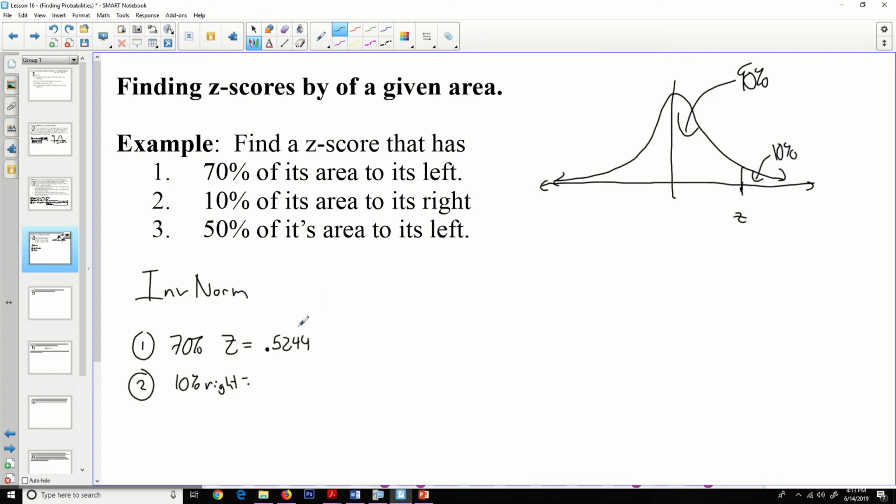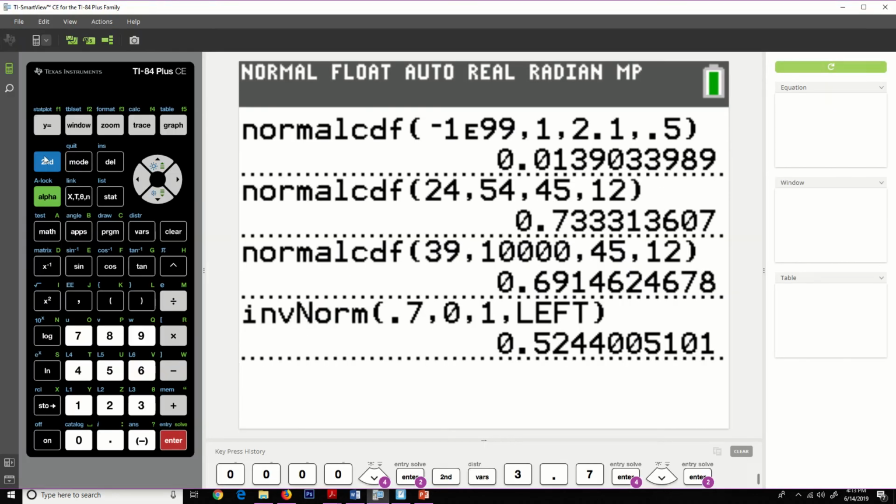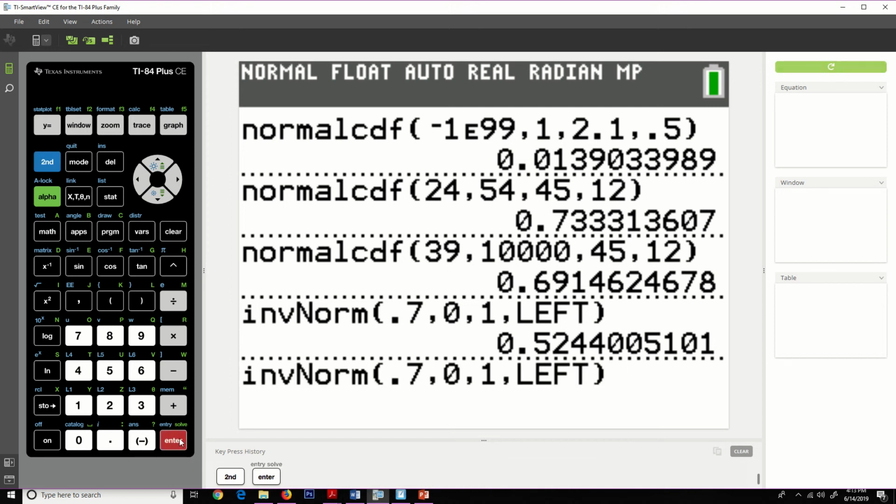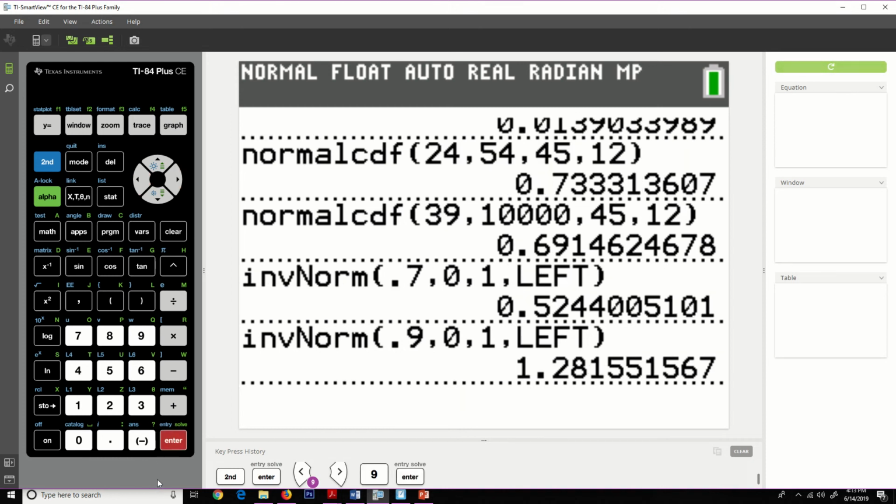So we go to the graphing calculator, hit second enter, but instead of 0.7 we could use 1 minus 0.1, which changes this to 0.9, and that gives us a z-score of 1.282.